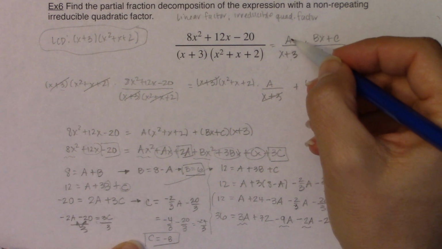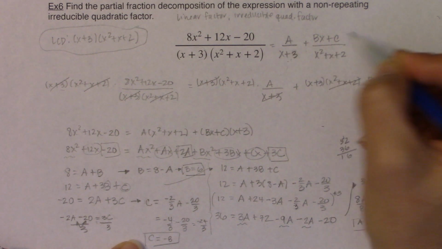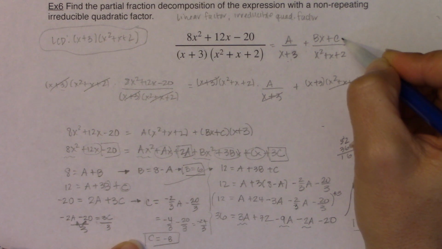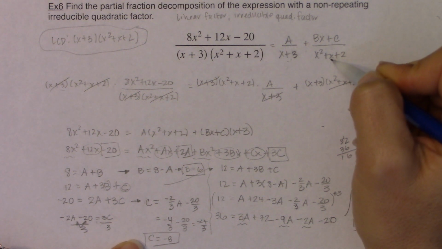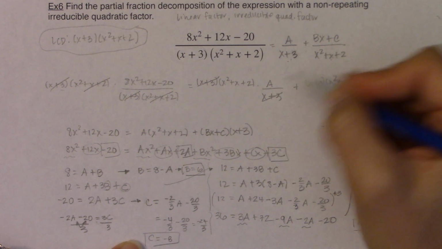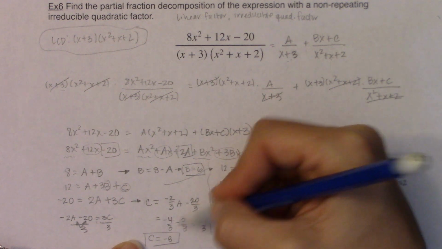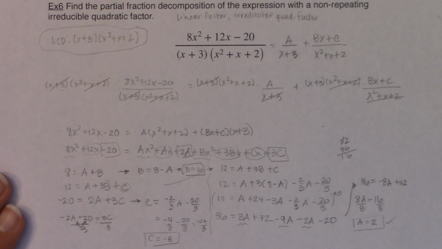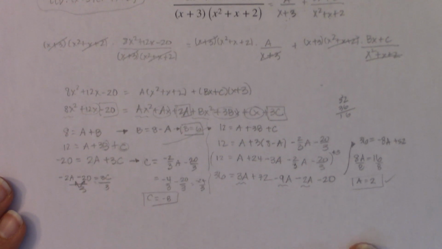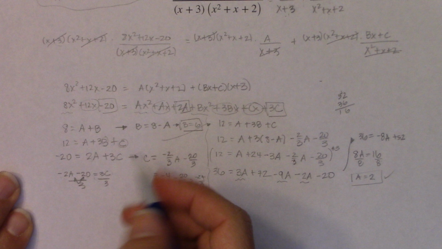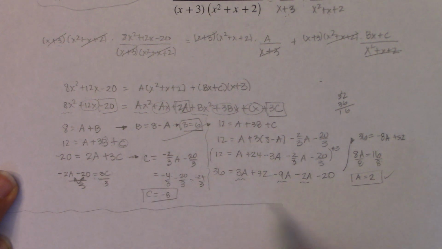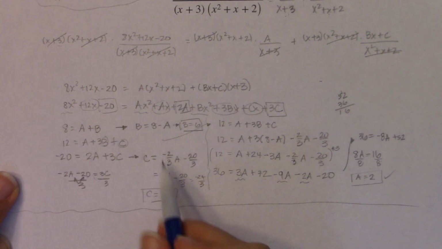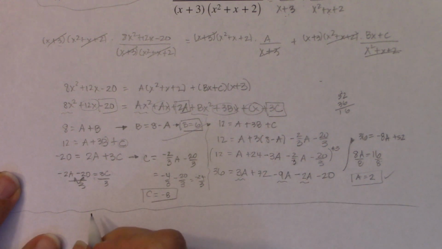So this is going to turn into 2 over x plus 3, and then 6x minus 8 over x squared plus x plus 2. And just looking at these two terms, they do have a 2 in common, so I could factor that out if I wanted to. So let me just scooch this up, and let's talk about our end game answer, and then I want to show you an alternate way to get 6, negative 8, and 2 respectively.